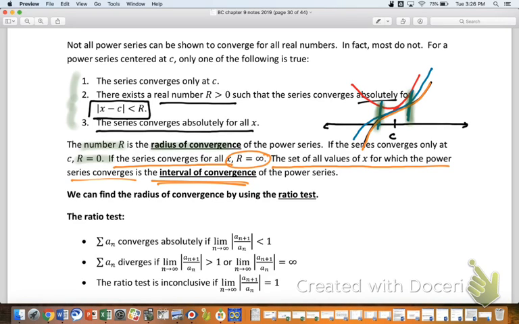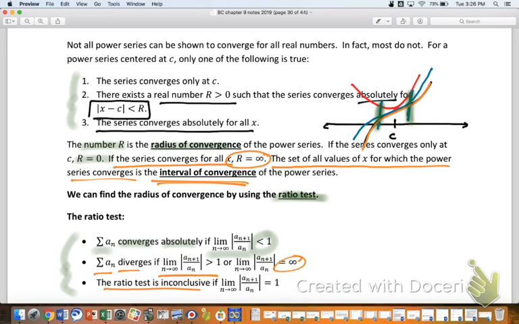Okay, the way that we decide the radius of convergence is by using the ratio test, just like we were doing in section 9.6. So a little review of that ratio test. The series we're working with converges absolutely if this limit of our ratio is less than 1. The series diverges if that limit of our ratio is bigger than 1, which also includes infinity.